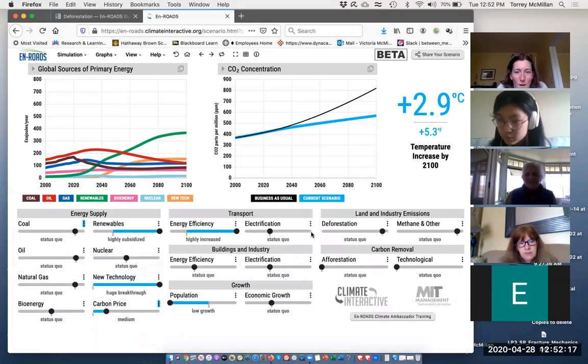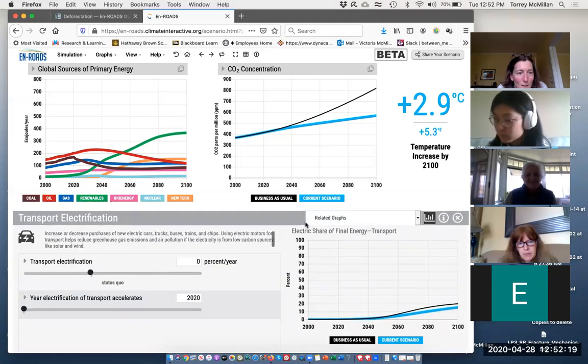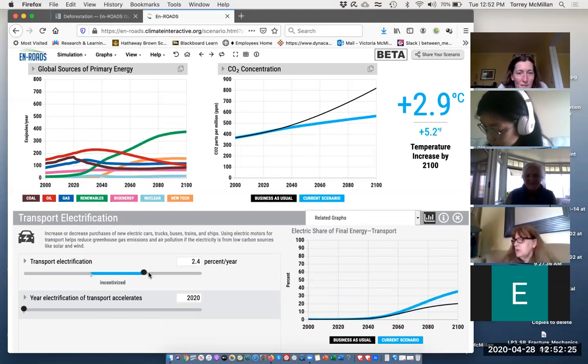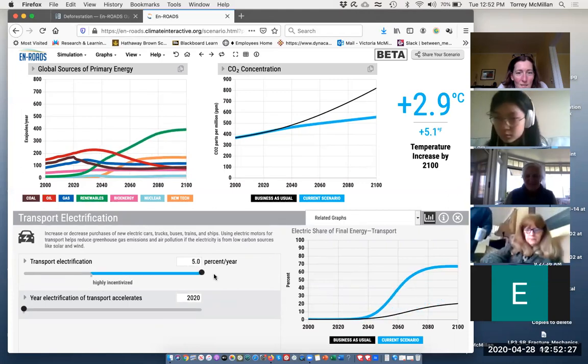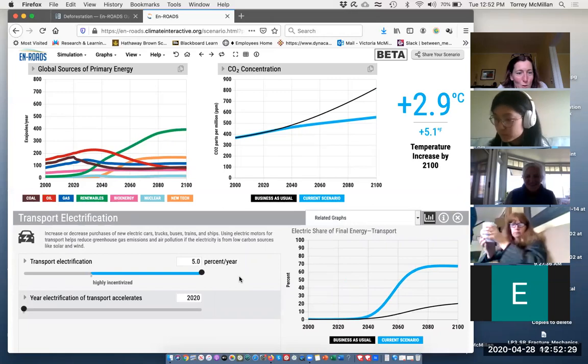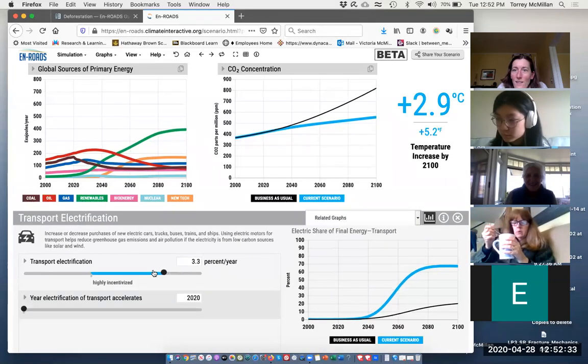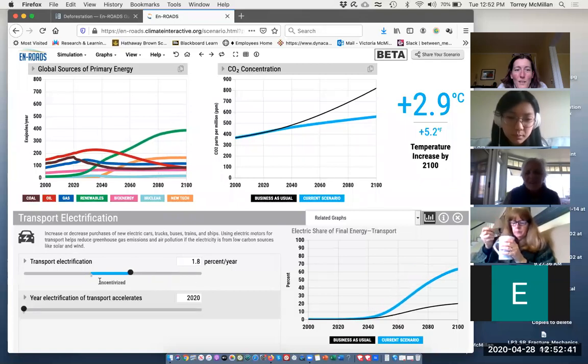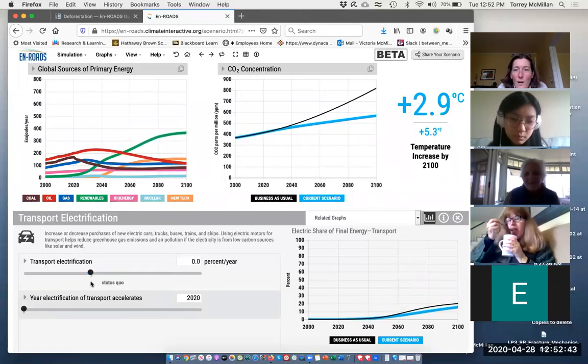We're getting somewhere, and then we're going to electrify. 5% a year electrification. That didn't change anything, did it? It did not change our temperature. Tesla's in trouble.